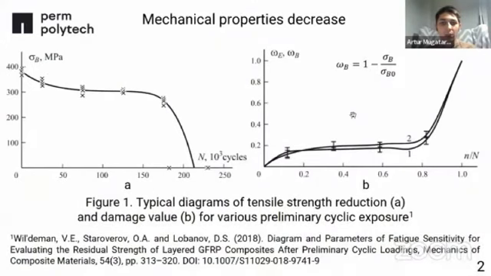Decrease of mechanical properties during cyclic loading is a theme which was investigated by many scientists. There are many papers published, and many experimental works. Here you can see typical diagrams of tensile strength reduction and damage value for various preliminary cyclic exposure.